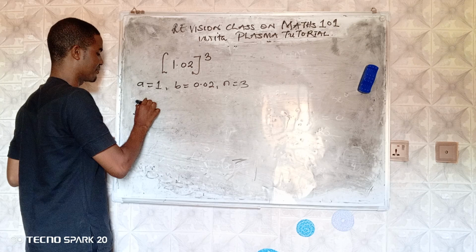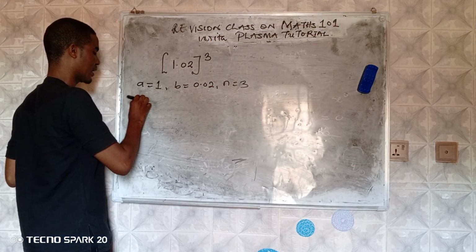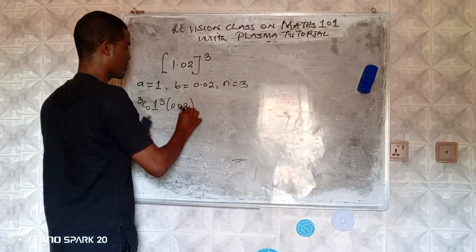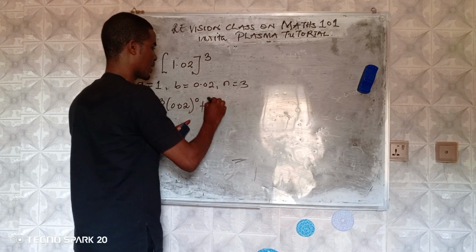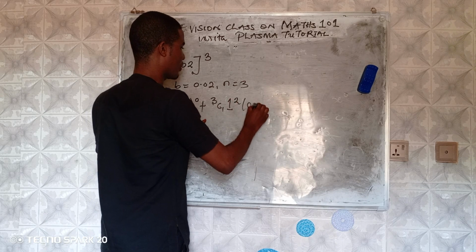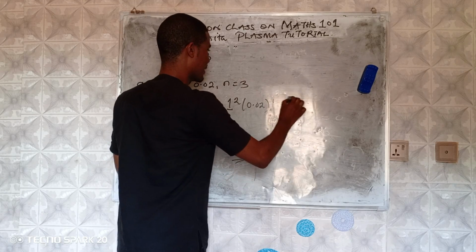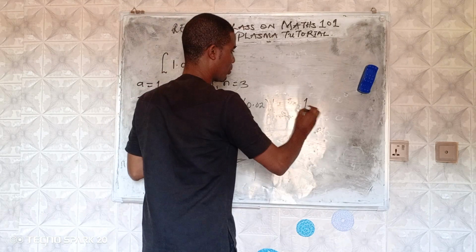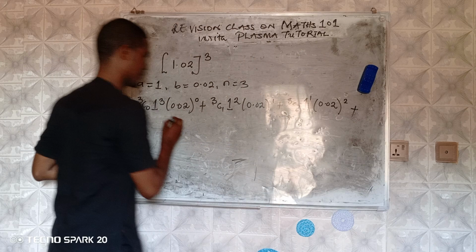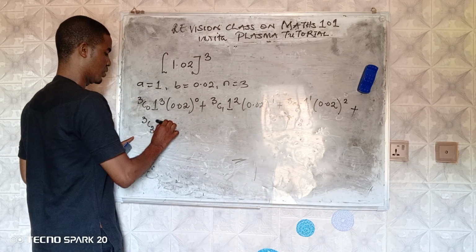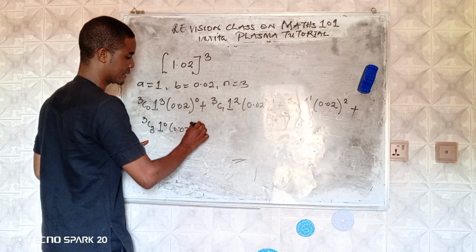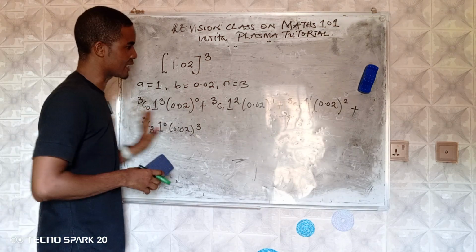Let me start with the combination. 3 combinate 0, 1 raised to power 3, 0.02 raised to power 0 plus 3 combinate 1, 1 raised to power 2, 0.02 raised to power 1 plus 3 combinate 2, 1 raised to power 1, 0.02 raised to power 2, then plus 3 combinate 3, 1 raised to power 0, then 0.02 raised to power 3. So you see that we have finished expanding.